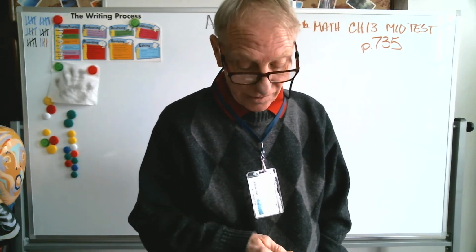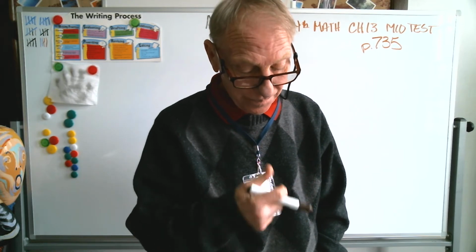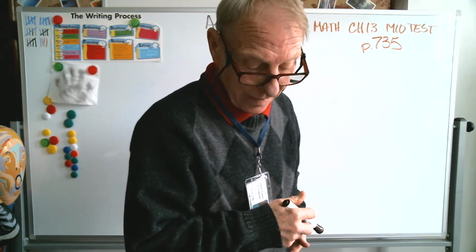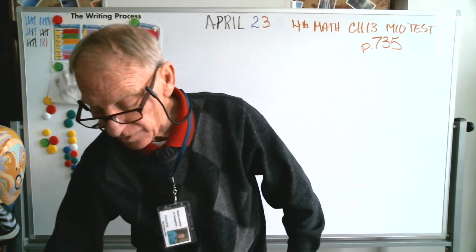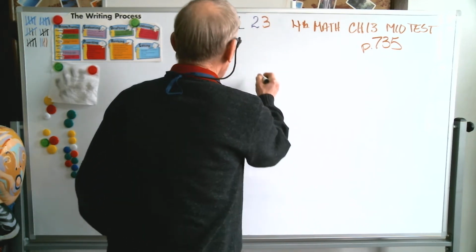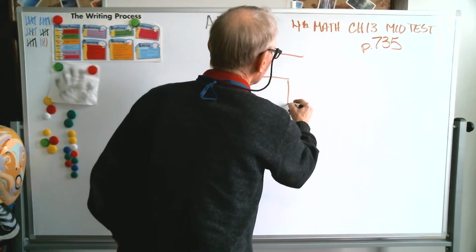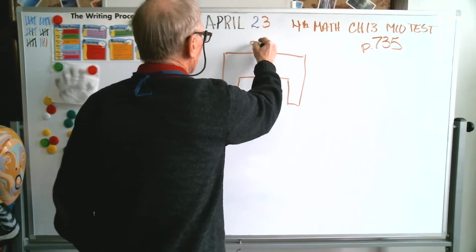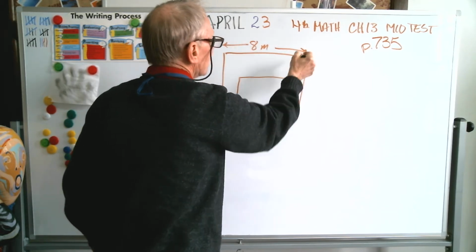8 through 10 though, it gets a little trickier there, and I think I'll pick number 9 to do, because they want you to find the area of those combined rectangles. Remember yesterday we talked about how you can take a shape, break it into a variety of rectangles. This shape happens to look like this. We have an 8-meter dimension across the top.